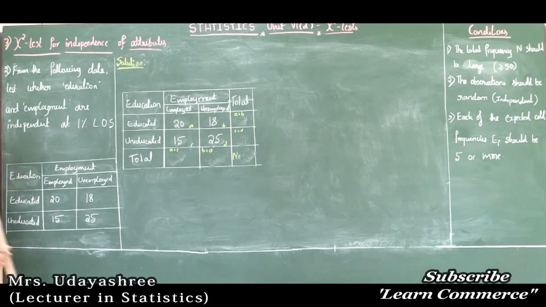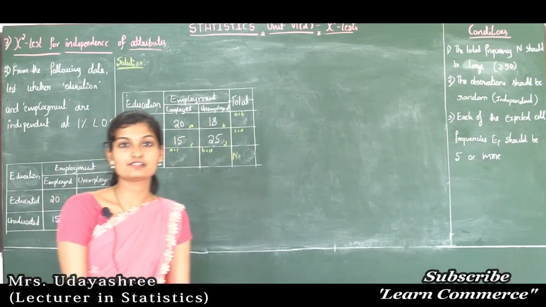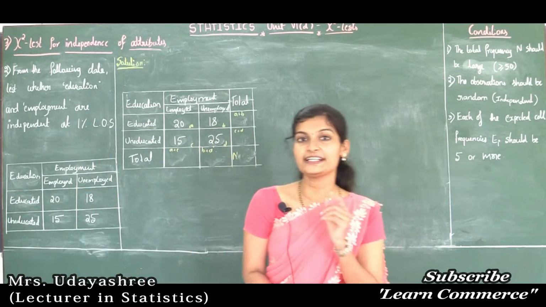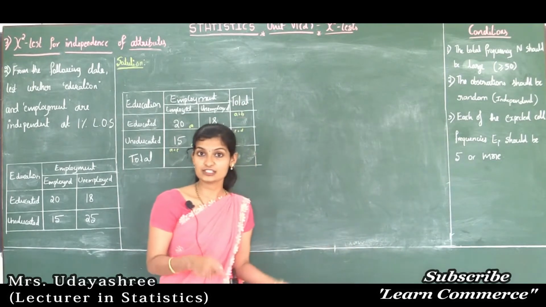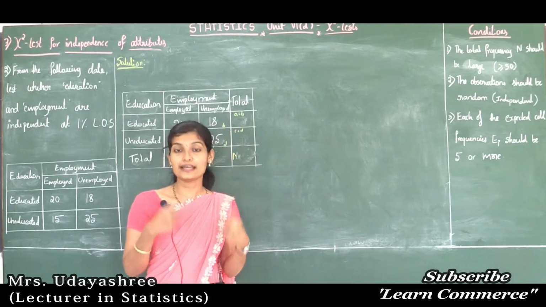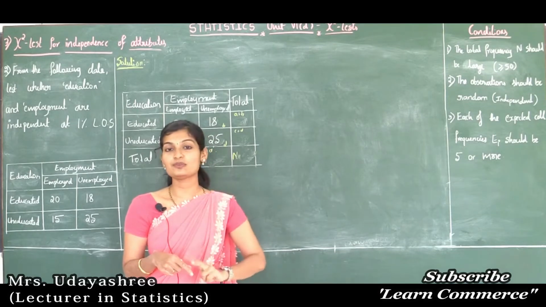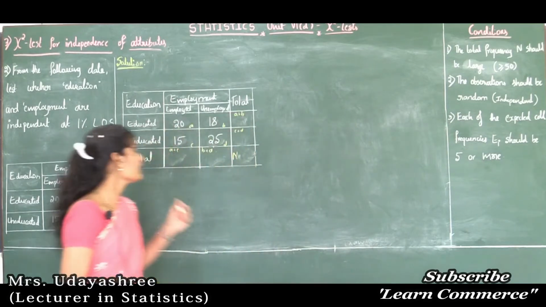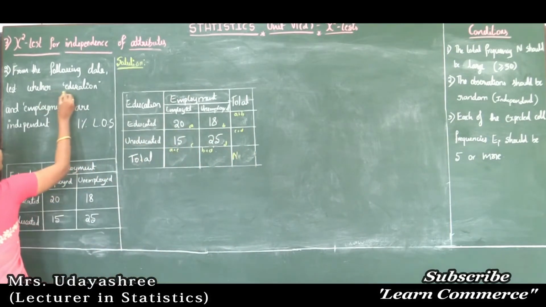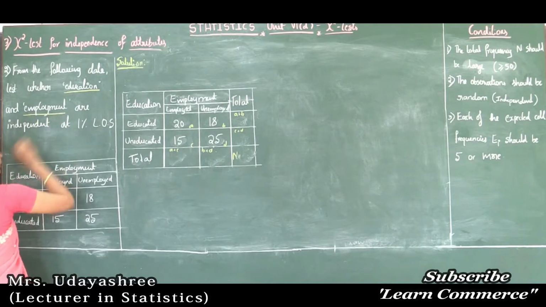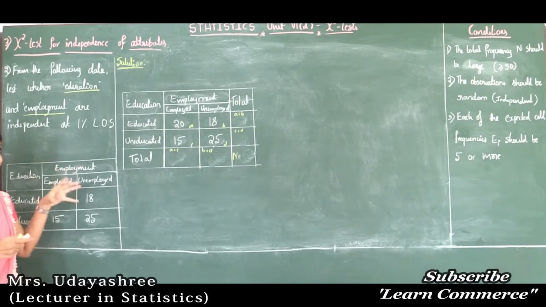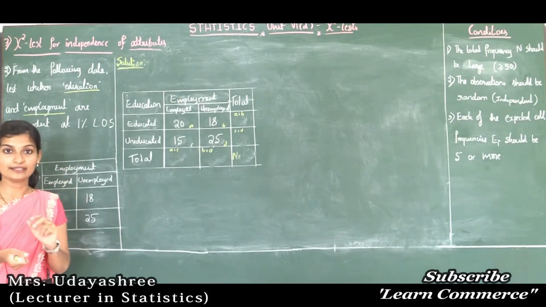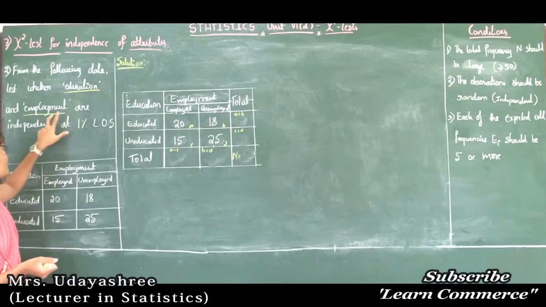See, what is the test procedure of chi-square test for independence of attributes? Step 1 is setting up of the null hypothesis. In the test procedure we discussed that H naught is: two attributes are independent. Here in the problem the two attributes given are education and employment.